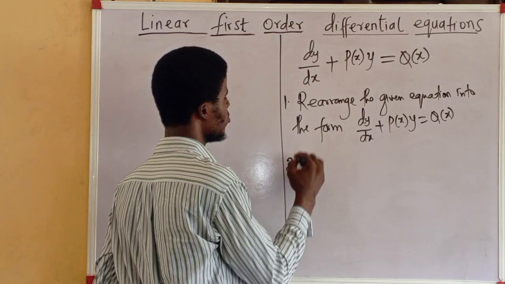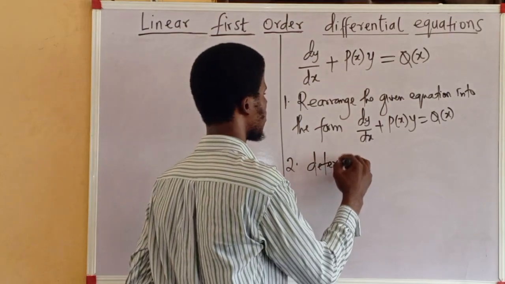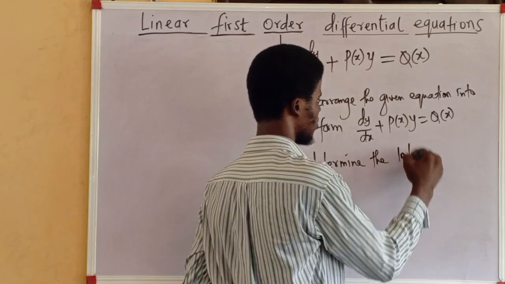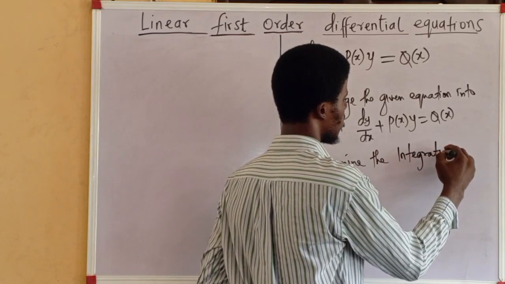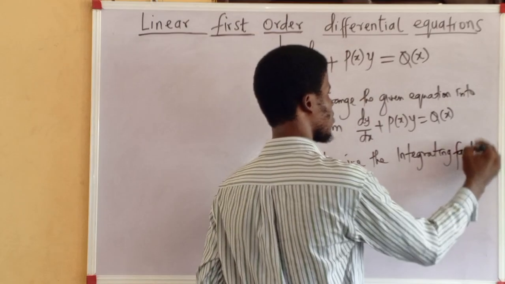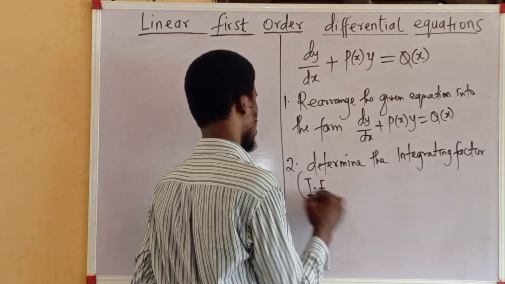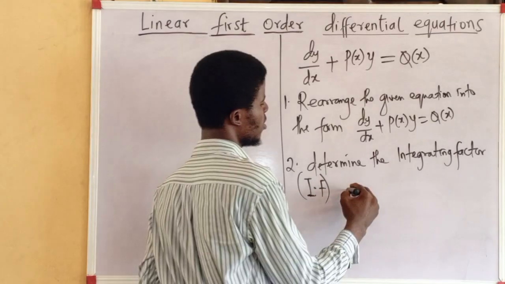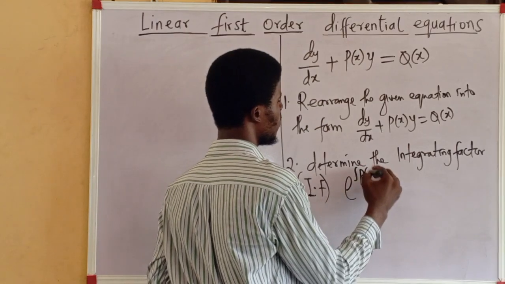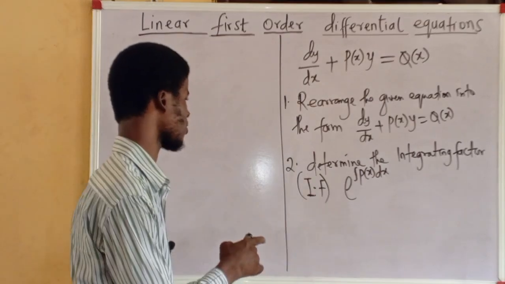The second step is to determine the integrating factor, IF. The integrating factor is e to the power of the integral of p of x dx. This is the integrating factor.